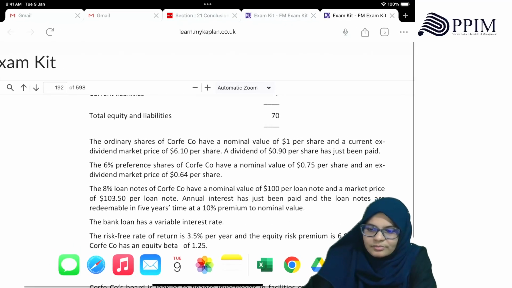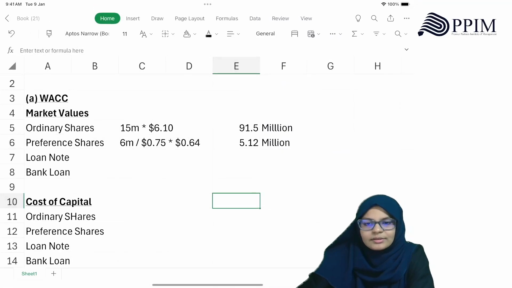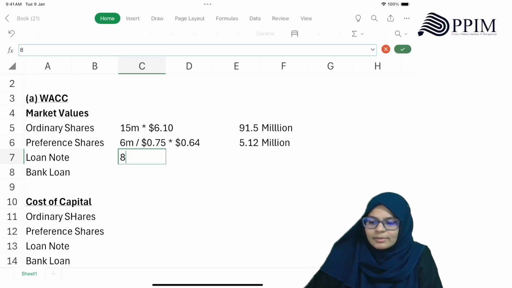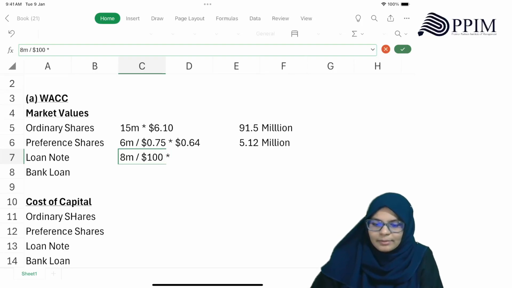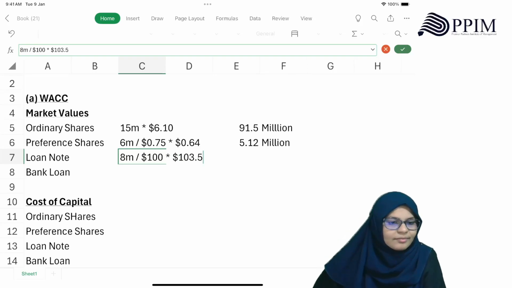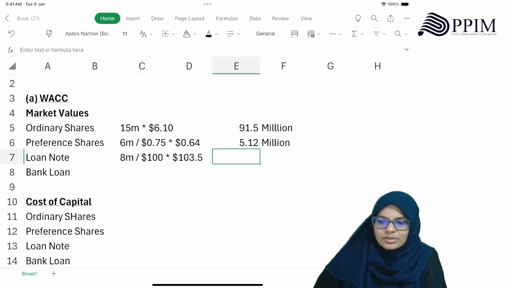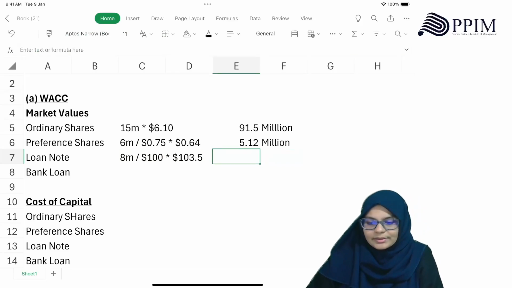Okay, so let's do that. 8 million divided by the nominal value, which is 100, multiplied by the market value, which is 103.5. So that should give me 8.28.